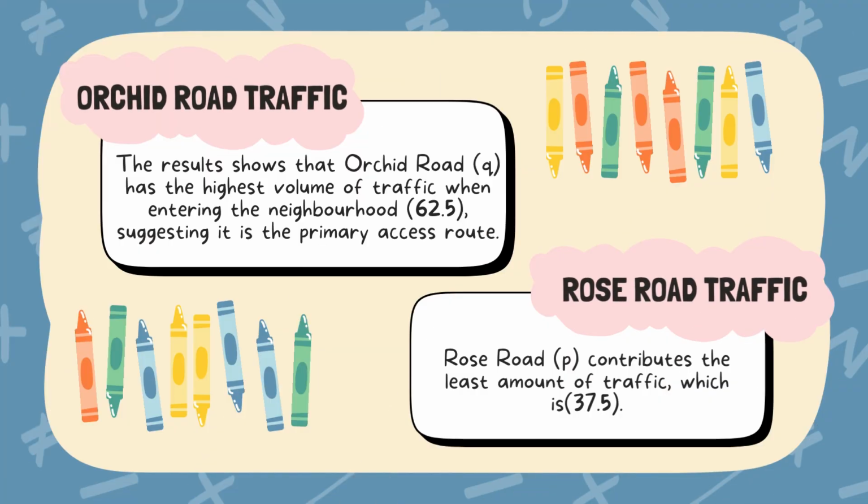As for the result, by employing the Gaussian elimination method, we have successfully solved the system of linear equations. These calculated traffic flow rates are: Rose Road P 37.5 cars per hour, Orchid Road Q 62.5 cars per hour, and Kenanga Road R 57.5 cars per hour. These specific values represent an average rate of flow per hour. This is common in statistical traffic surveys where averages are used for planning.